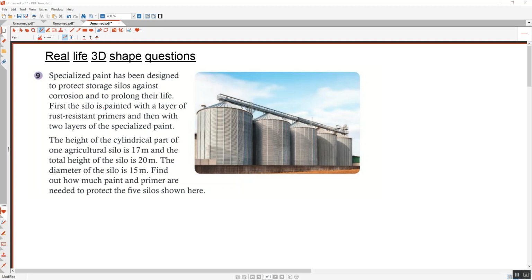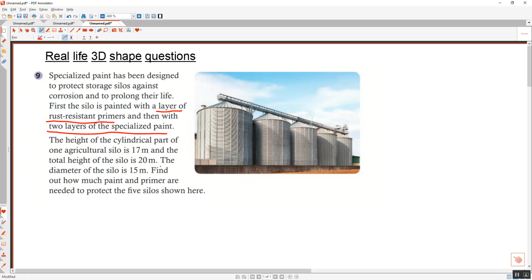The first silo is painted with a layer of rust-resistant primer. So it gets one layer of rust-resistant primer, and then 2 layers of specialized paint. That's the important part.